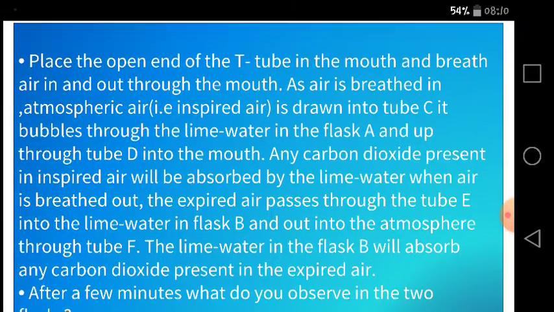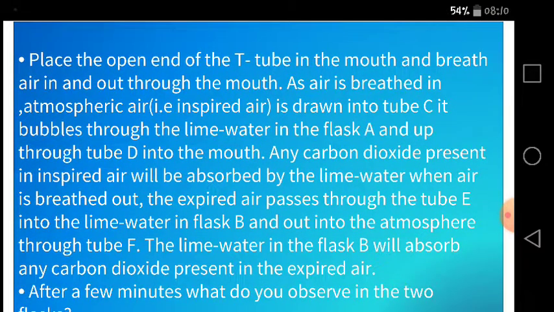Then place the open end of the tube T in the mouth and breathe air in and out through the mouth. As air is breathed in, the atmospheric air, that is inspired air, is drawn into the tube C. It bubbles through the lime water in the flask A and up through the tube D into the mouth.